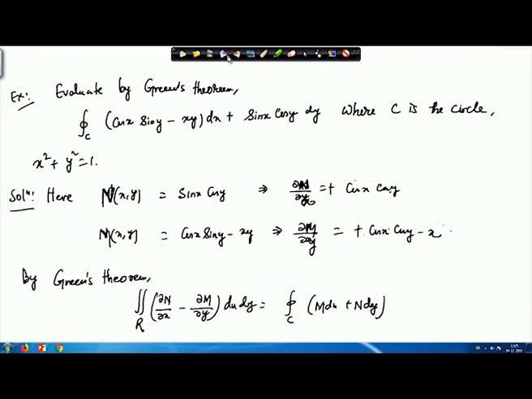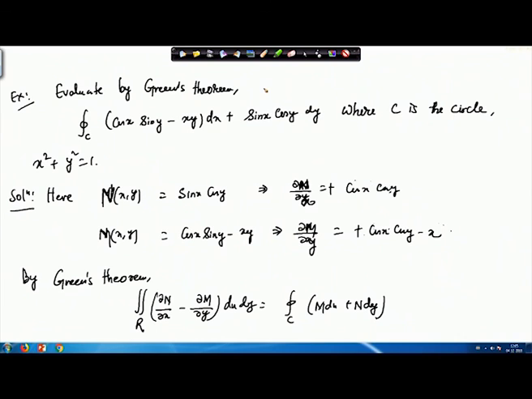So, here you can see that for this given expression, where we had to calculate the line integral for this curve C, this is my m and this is our n. We have to calculate del n del x, which is cos x cos y, and del m del y, which is cos x cos y minus x.